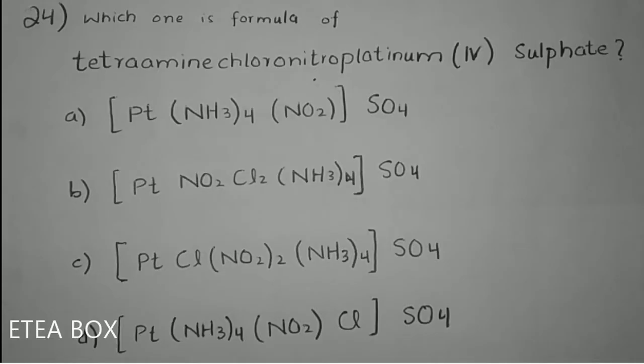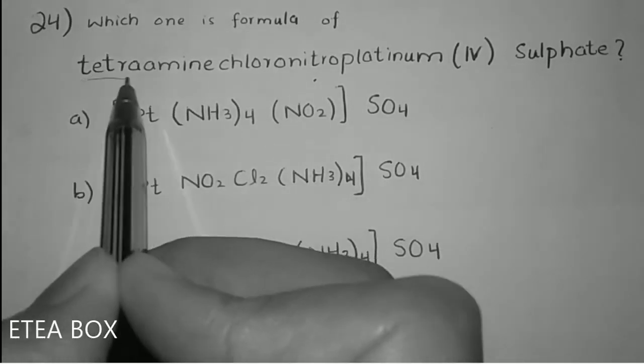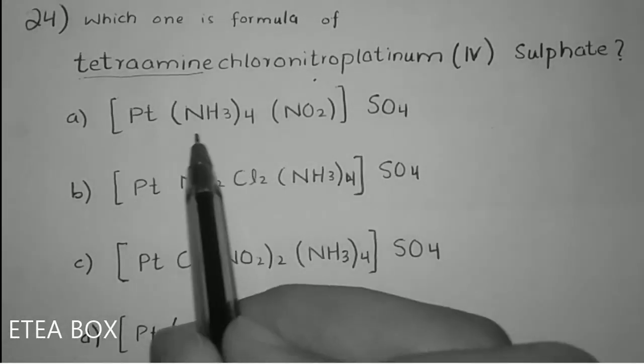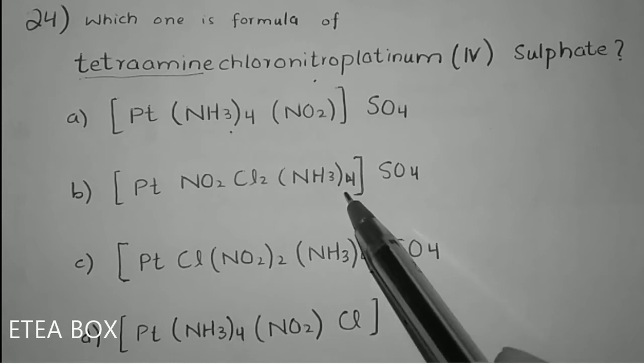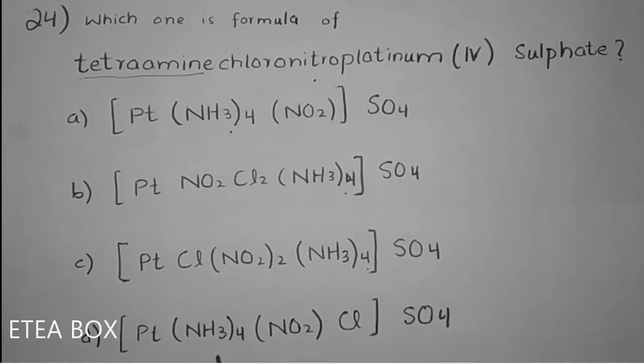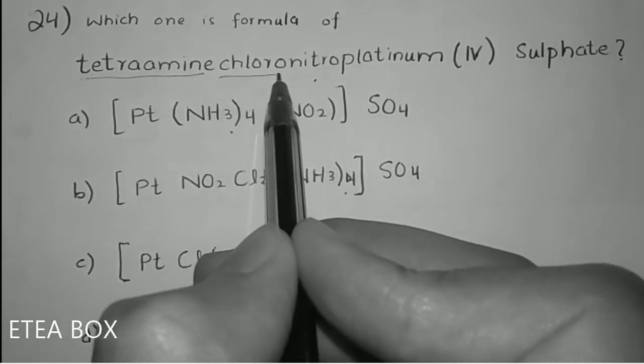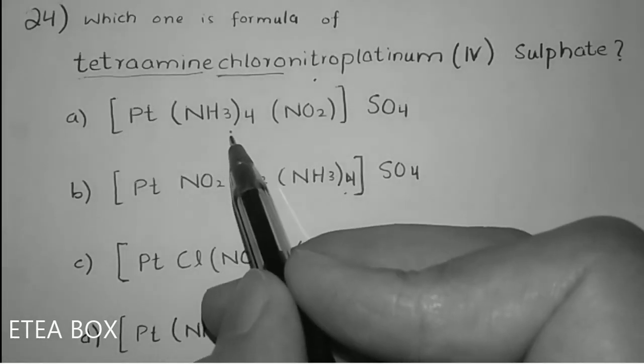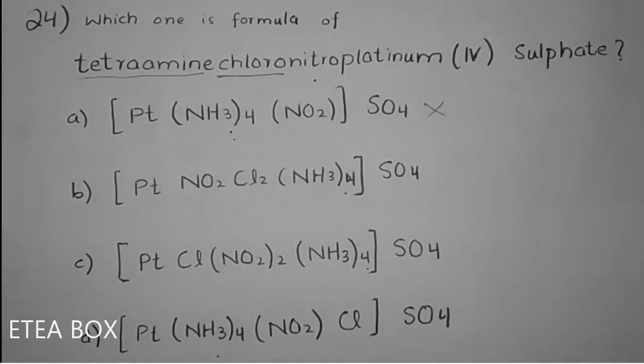Which one is the formula of tetraamine chloronitro platinum(IV) sulfate? Now look here, first of all, it is tetraamine. Tetraamine is present in this one, this one, and this one also. Now look, chloro: chlorine is not present here, which means that this one is incorrect.